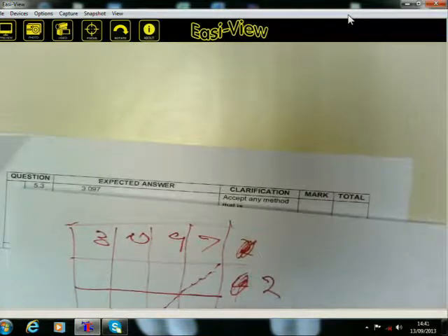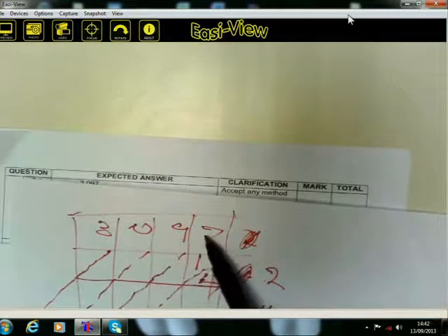Here, this is the tens, and this is the units. So you say 2 by 7 is 14. 2 by 9 is 18. 2 by 0 is 0. 2 by 3 is 6. Remember I said this stands for tens and this for the units.